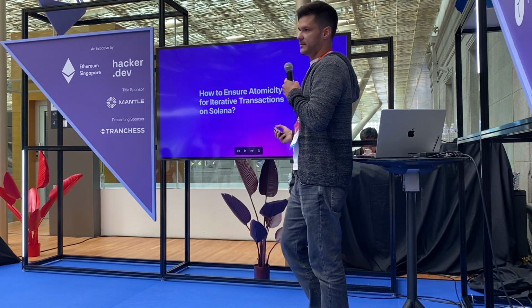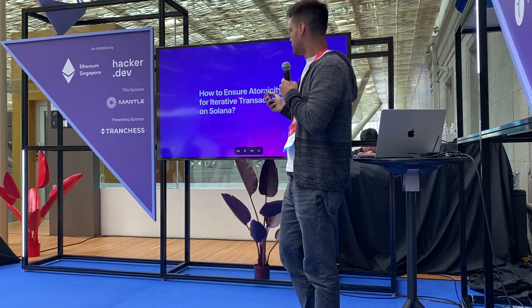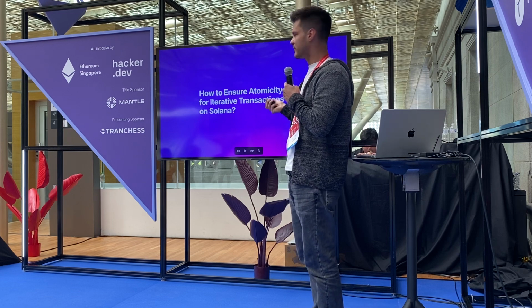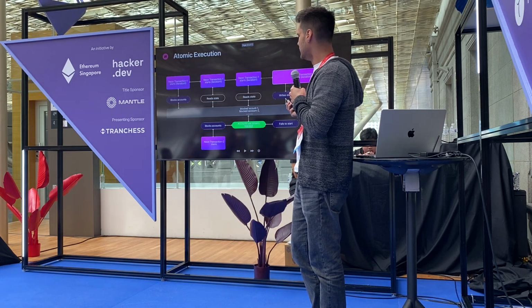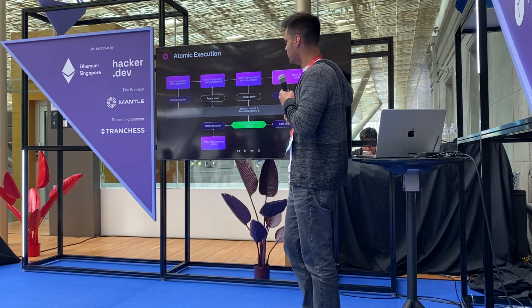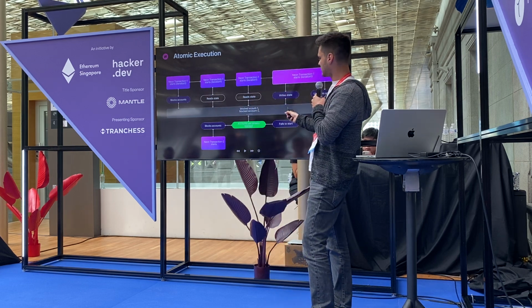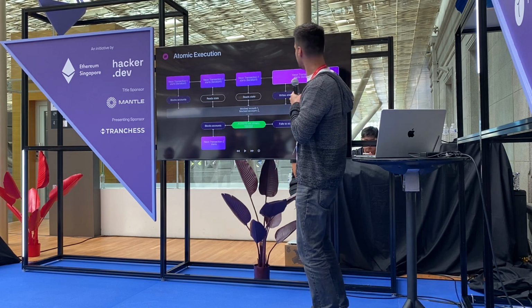And again, when we are talking about parallel execution and iterative transactions, the other question that comes to everyone's mind is how do we ensure atomicity, right? And I actually said it in the previous slide. We always block accounts, and we write the state and unblock accounts in our last transaction.